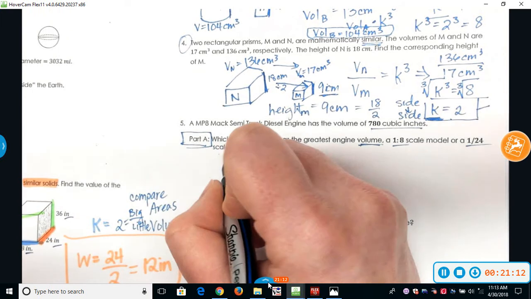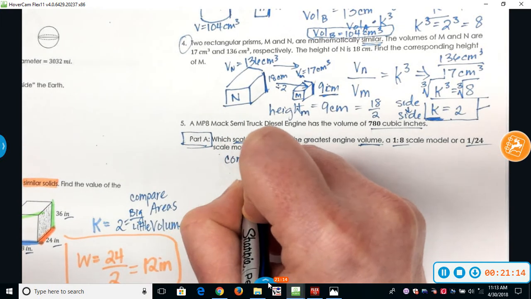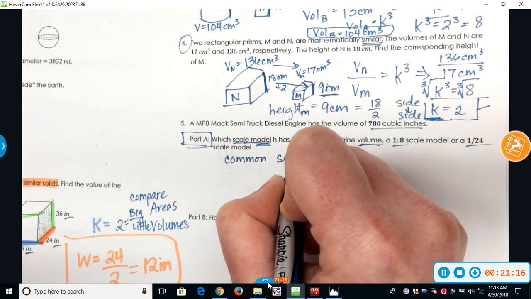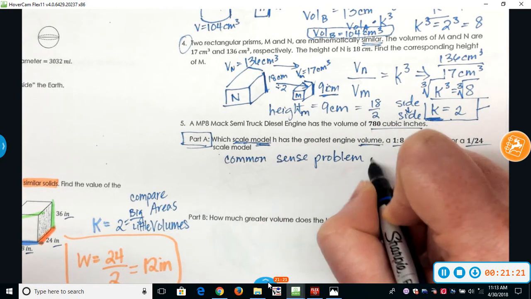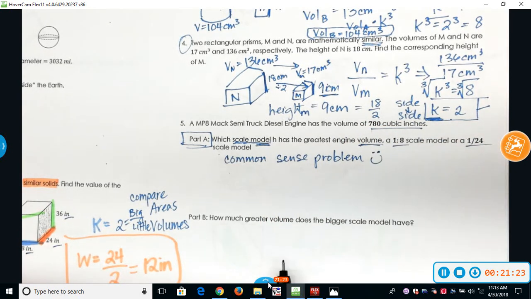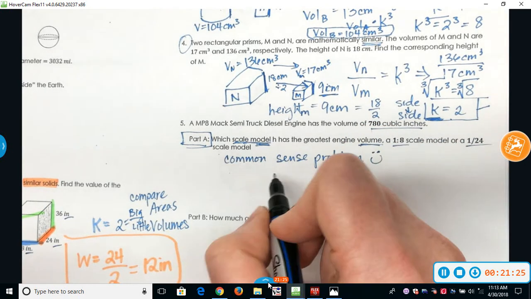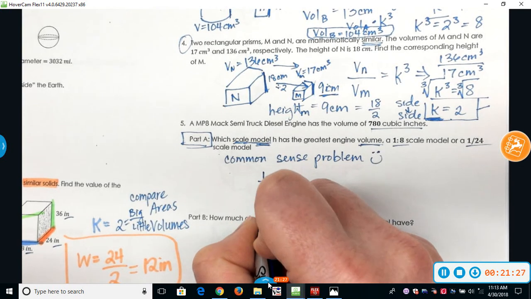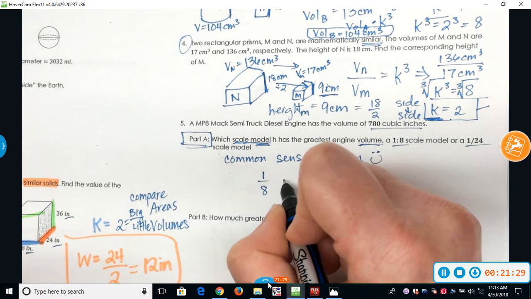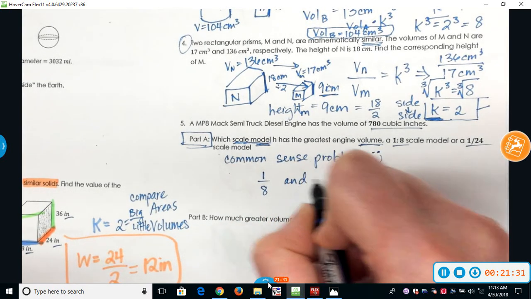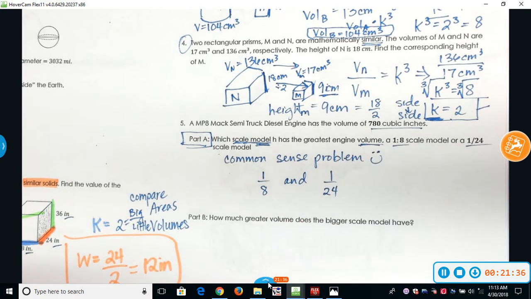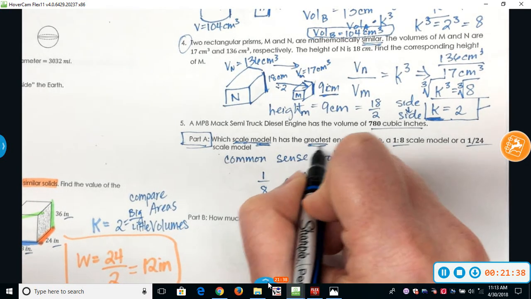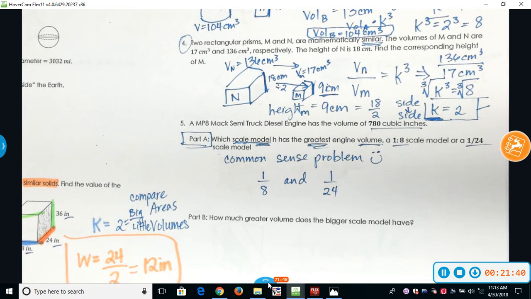All right, so this is actually a common sense problem. What I'm looking for here is I have 2 different models. One's 1 to 8 and another one is 1 to 24. And they want the greatest engine volume of these 2 models.